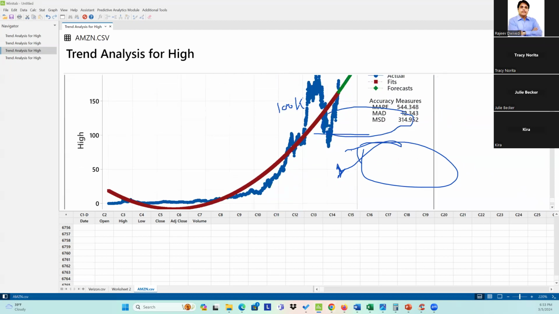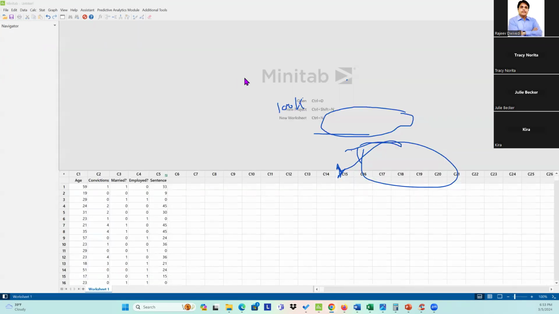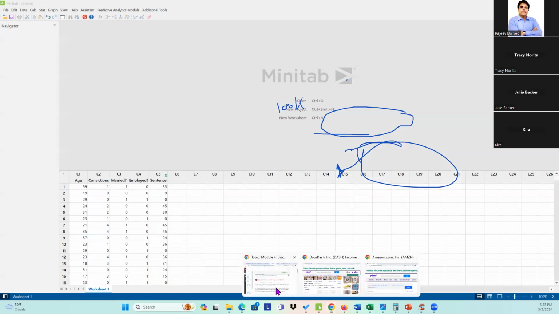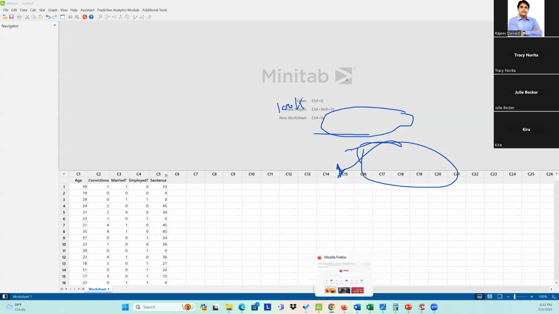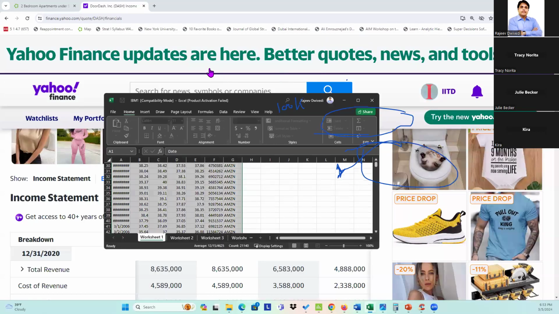And based on that, how the Dow Jones index and other indexes are formed, I would like to clearly make it. Just a minute, let me pull up my screen.